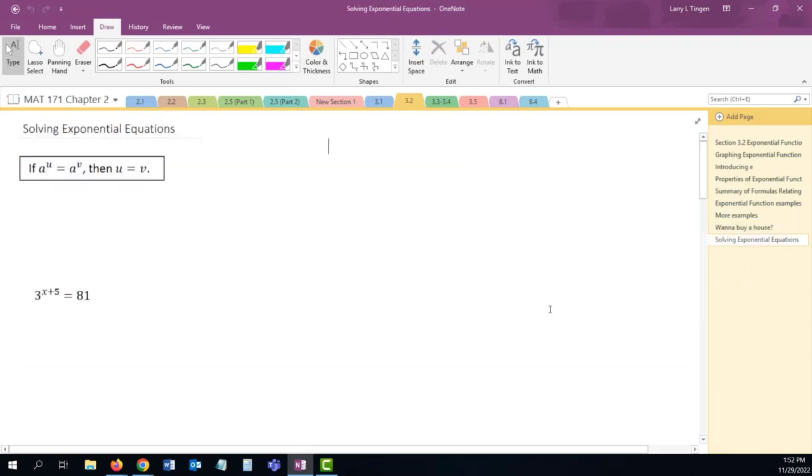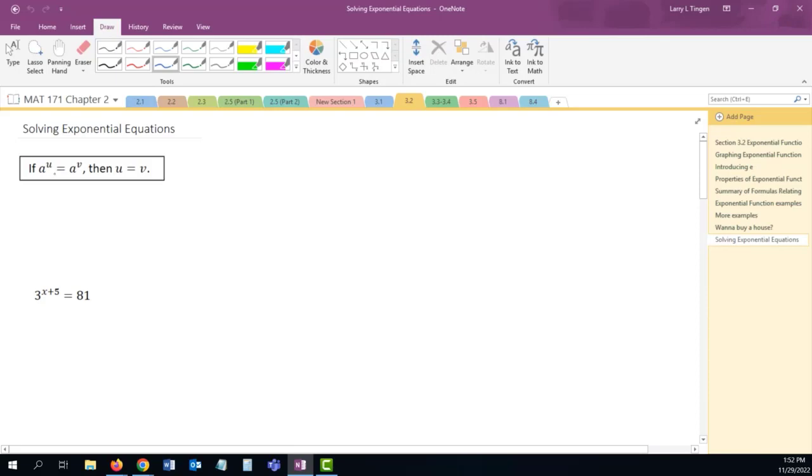Last part of 3.2, the part I really want to get at is solving exponential equations. In these, you have the property that if a to the u is equal to a to the v, then u equals v. The base has to be the same. Okay, I know u and v look similar, and it drives me crazy that they get used all the time in math, but they do.